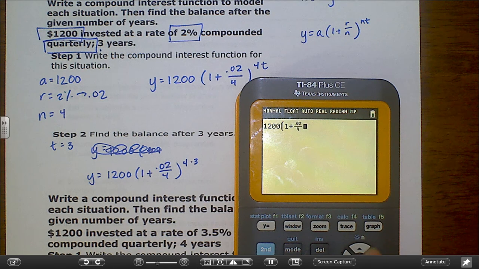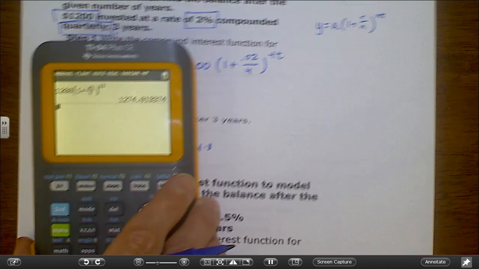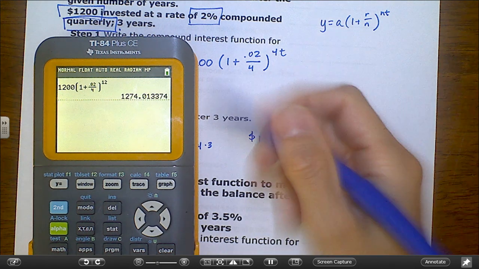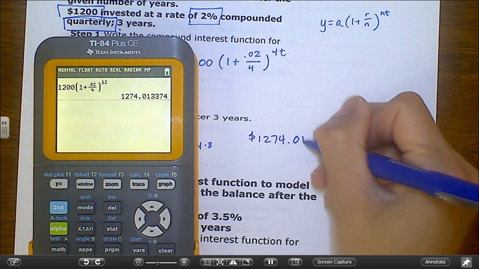You actually don't have to do that if you want to just put 0.02 divided by 4. It'll do the same thing, so it'll follow order of operations. Raised to the 4 times 3, which is 12. And hit enter, and I got 1,274. And remember, this is money, so I round it to the nearest cent, which is 1.